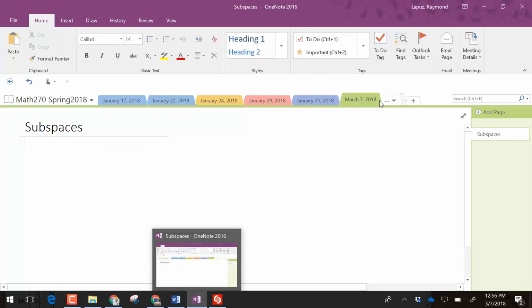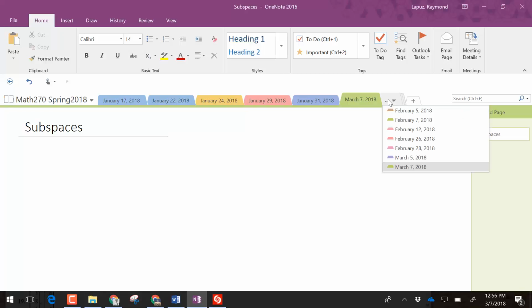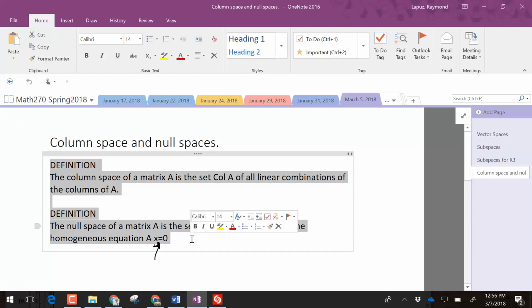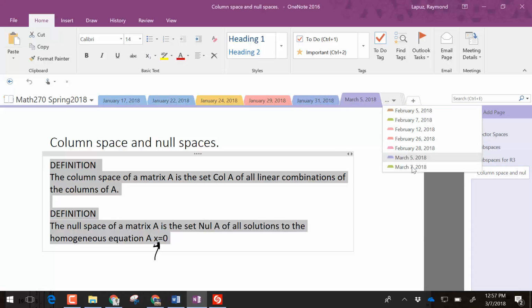So when we're dealing with matrices, it turns out that there are some built-in subspaces that come with matrices, and two of them are discussed in the book. There apparently are two more.